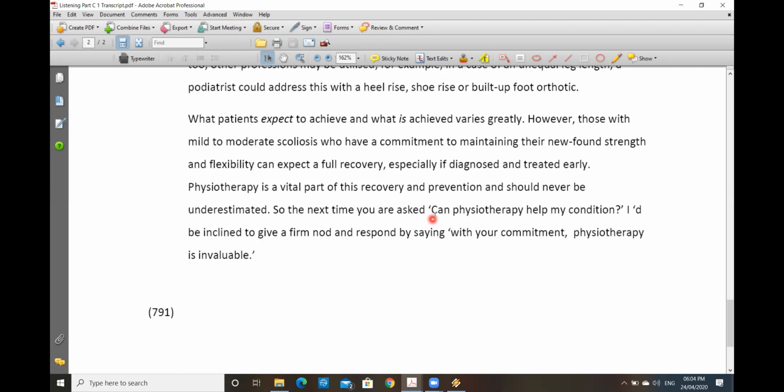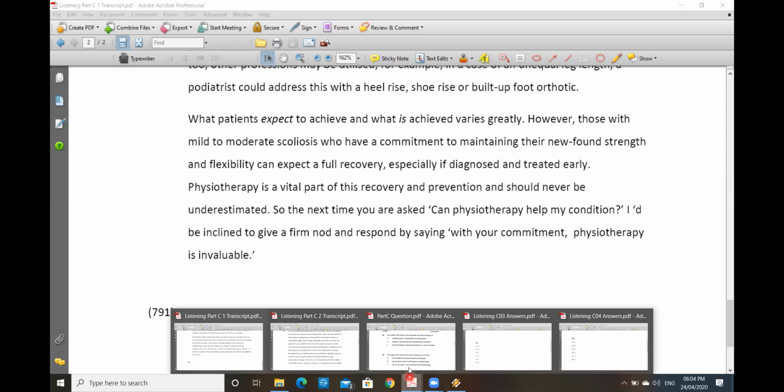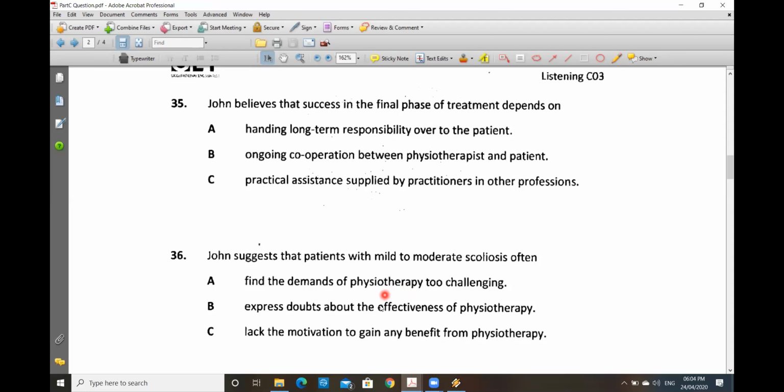So this is mainly about how people, if they accept and maintain this with commitment, then definitely they can expect a full recovery. And again, it doesn't say anywhere that it is very, very challenging for them, because the expression used here is "too challenging". When you use "too challenging", it is an extreme expression.